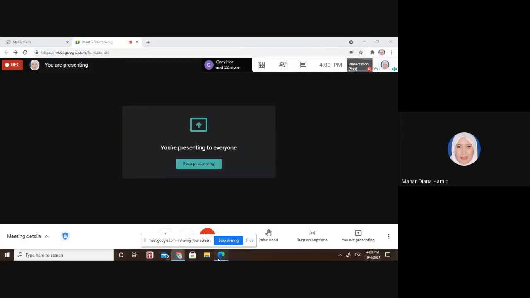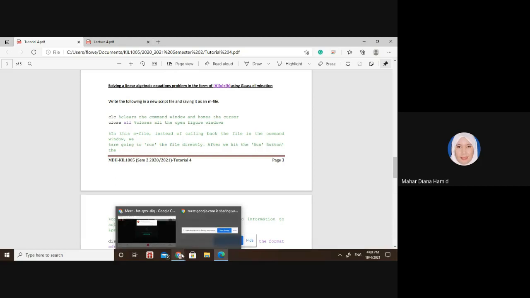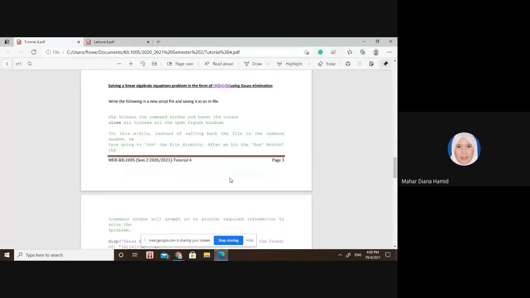So for the Gauss elimination, you have to be careful. If, let's say, you wanted to copy paste the code that I have written in your tutorial, please make sure that you do not copy paste without looking at the file itself.